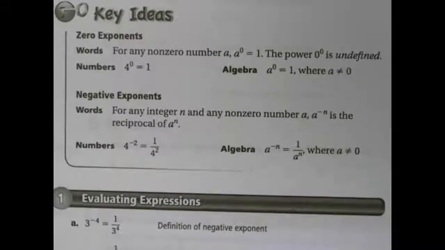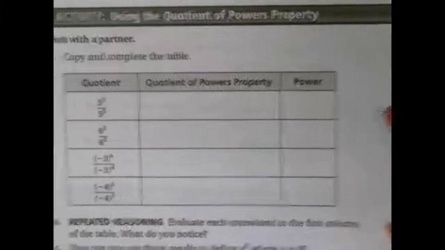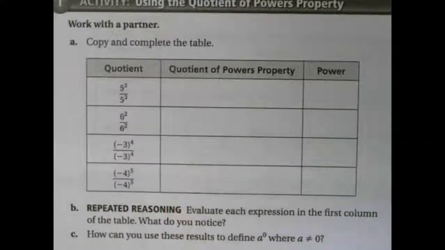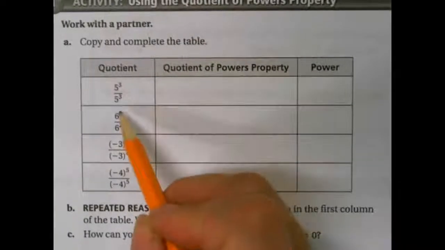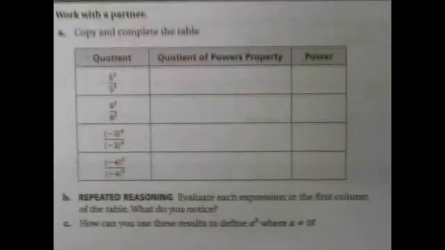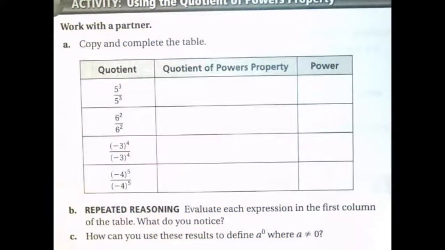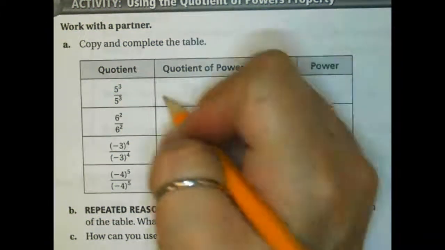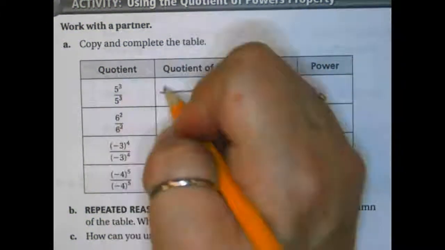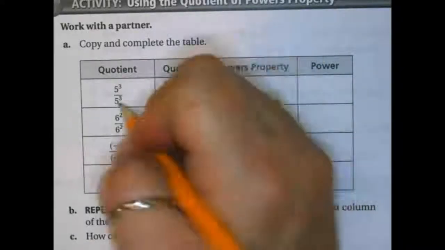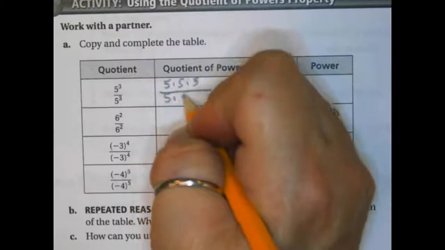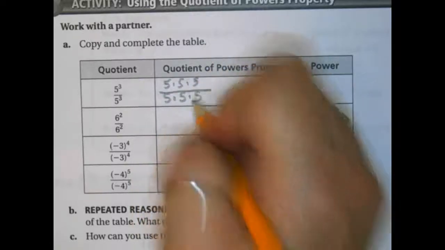All right, so now we're going to apply those concepts, okay? We're going to start with the first one. Now remember before, when we did these, we said we could do a fraction bar, right? So this is the same as 5 times 5 times 5 over 5 times 5 times 5. Remember that?